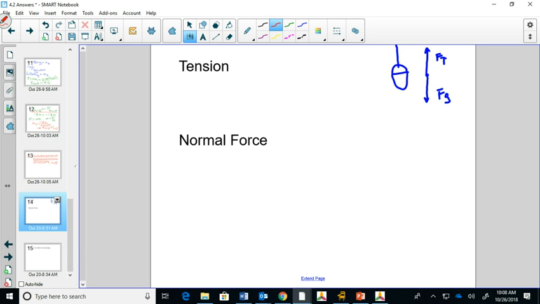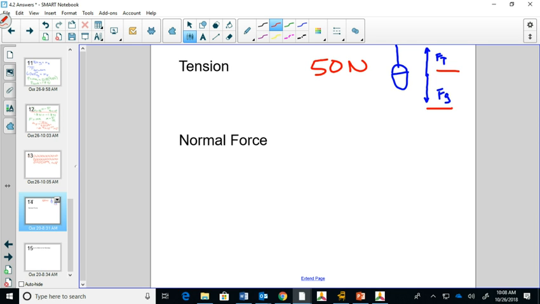The force of tension is pulling up. The force of gravity is pulling down, right? So just like our bag of groceries yesterday, if my rope can only withstand, let's say, 50 newtons before it breaks, I have to take into account the force of gravity plus the force of tension.